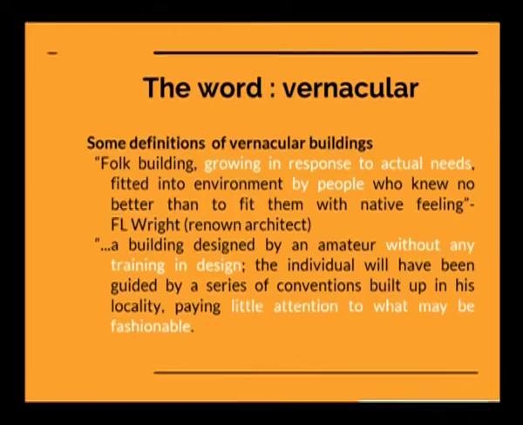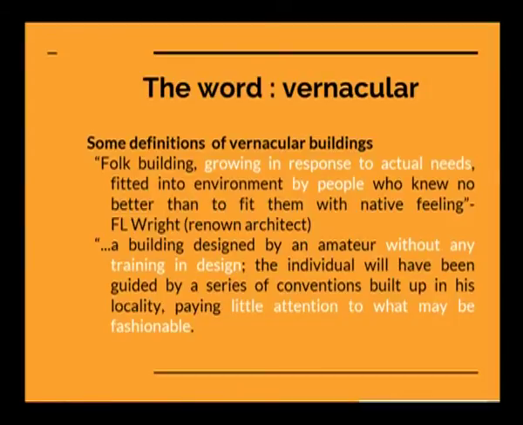So, those were some of the derivations. Looking at definitions and their derivations helps us to get closer to understanding any study. Now, we look at some direct definitions of vernacular architecture. I'd start off with a very critical definition by one of the renowned architects, F. L. Wright.